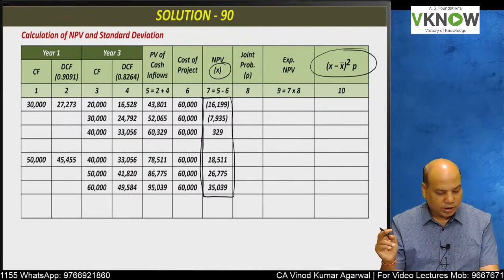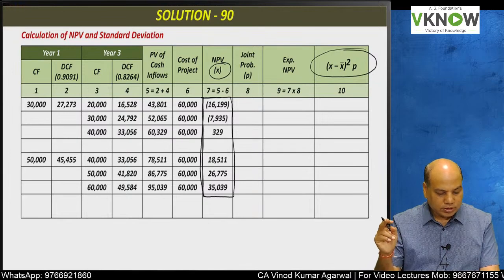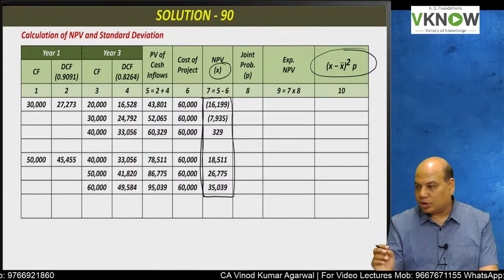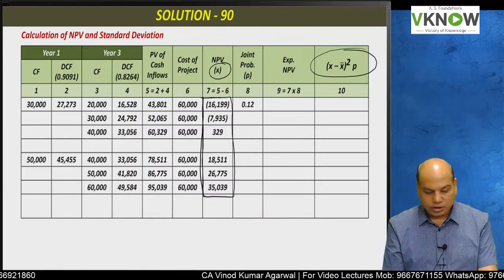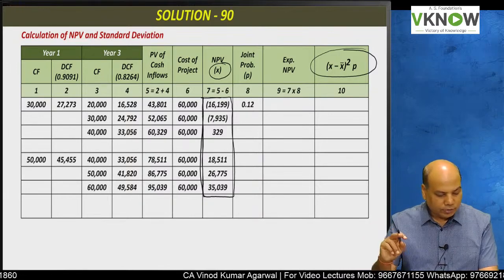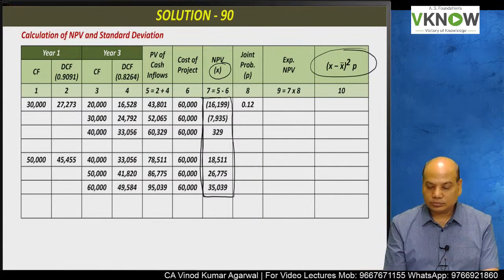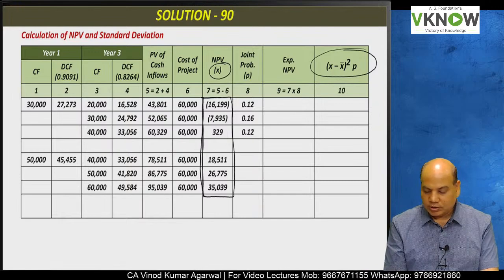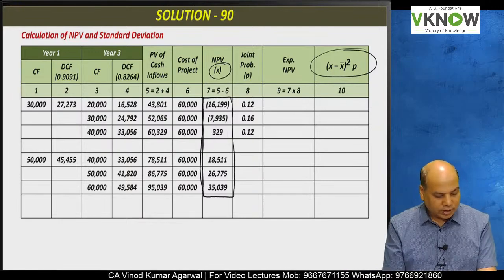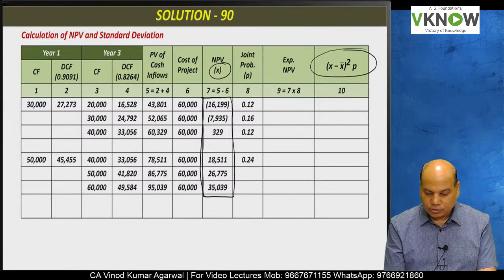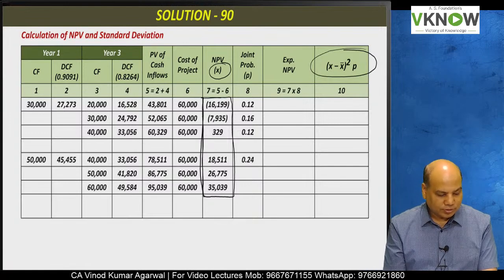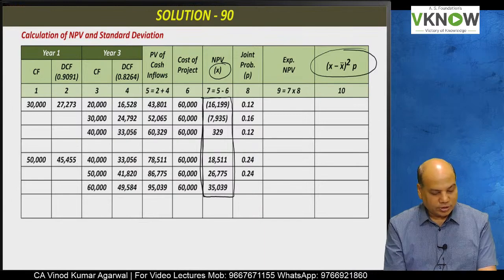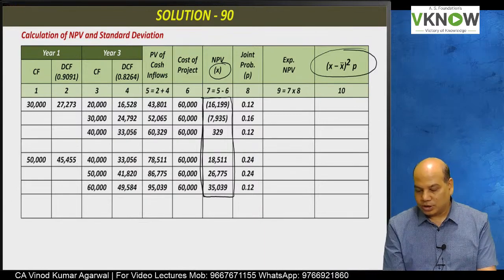First year probability is 0.4, second year is 0.3: 0.4 into 0.3, 0.12; 0.4 into 0.4, 0.16; 0.4 into 0.3, 0.12; then 0.6 into 0.4, 0.24; 0.6 into 0.4, 0.24; 0.6 into 0.2, 0.12.